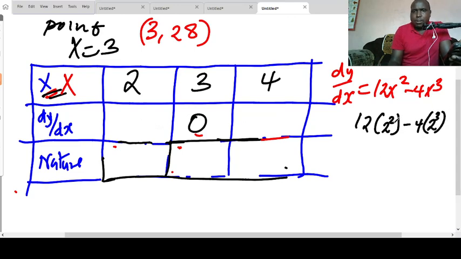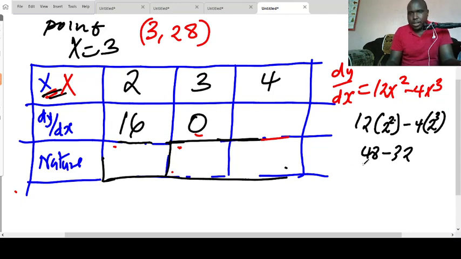So 2 squared ni nini? Ni 4. 4 times this itakuwa 48 minus this is 8. 8 times this itakuwa 32. So 48 minus 32 is going to give us 16. So hapa itakuwa 16.